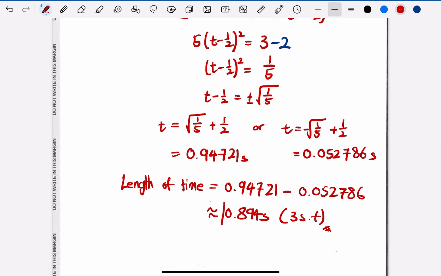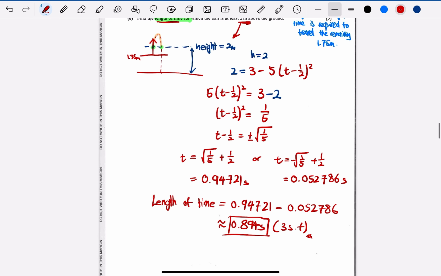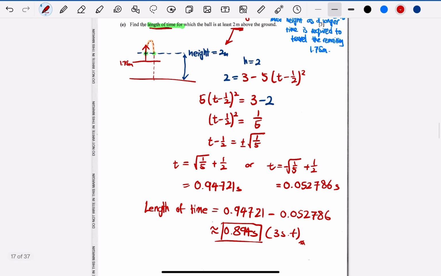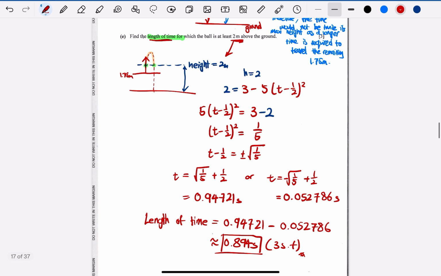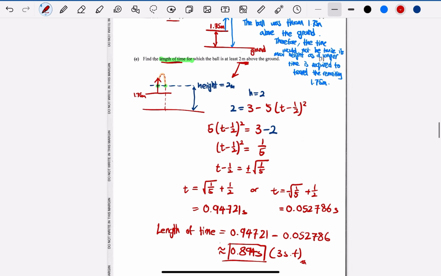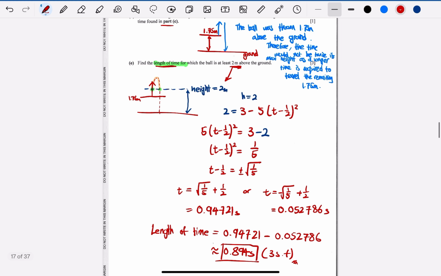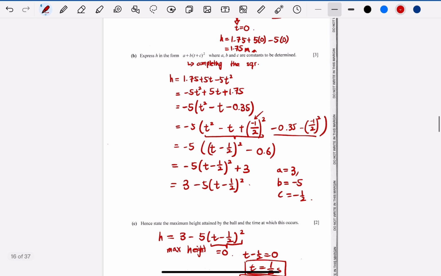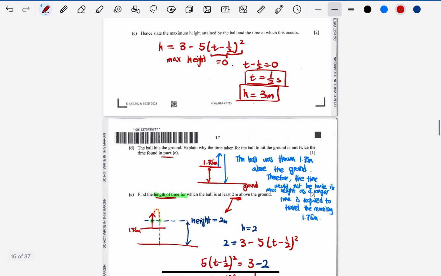And this is the length of duration for which the ball is above 2 meters. Okay, so this is how you do question 12 of the 2023 paper 1.